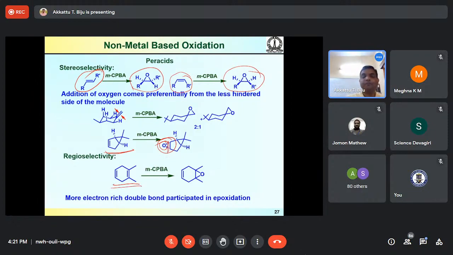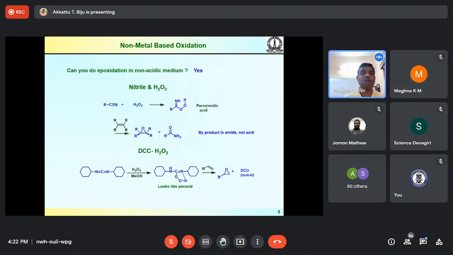If you have multiple double bonds in a molecule, the more substituted double bond will more easily undergo epoxidation, because that double bond will be more electron rich. And there is another variant of the epoxidation reaction.